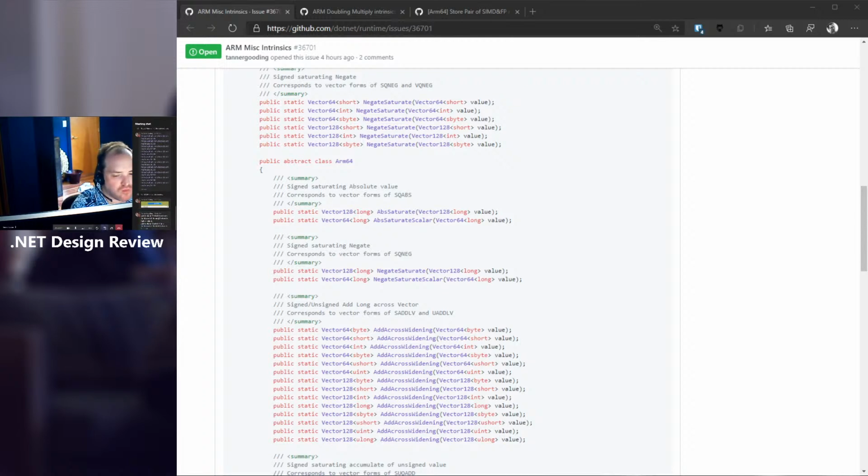So it's the same API. Basic return types are Vector64, and the element type that's twice the size of the input.